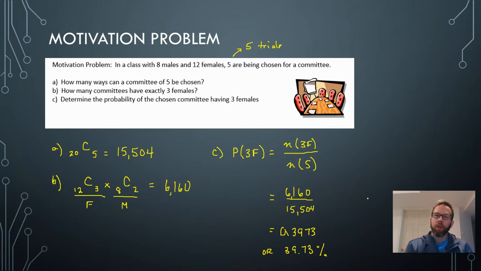This question could almost be framed as a binomial distribution question, almost. Because if you think about it, we've really got 5 trials, right? We're just selecting people for our committee, so you can think of that as 5 people being chosen, 5 trials. But the reason this differs from a binomial distribution is that every time you pick a person, the probability of selecting a female changes because there's 1 less person.